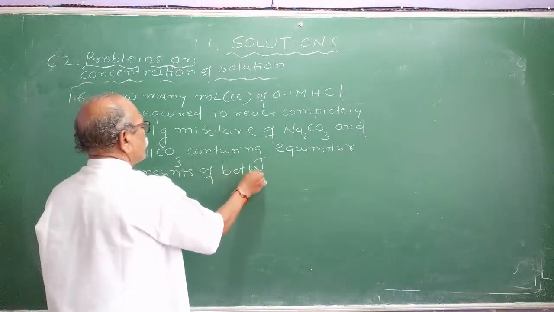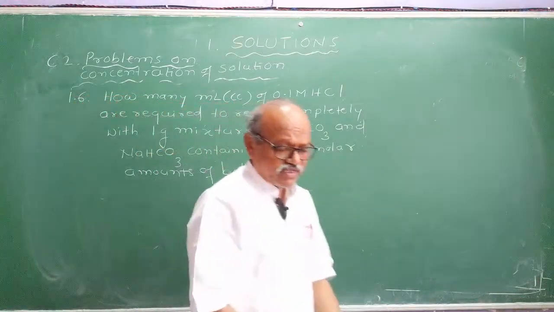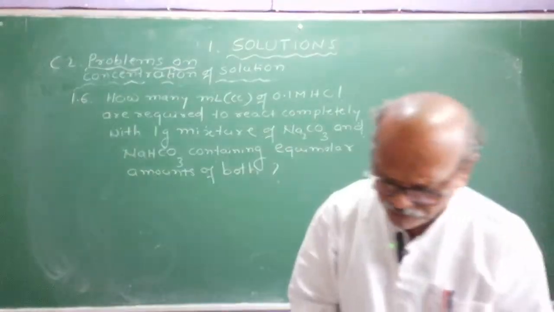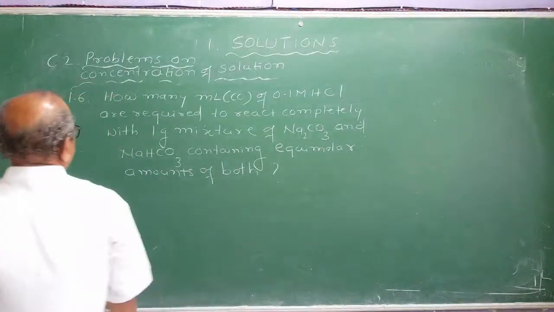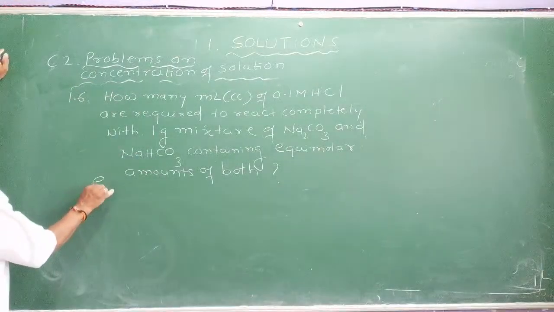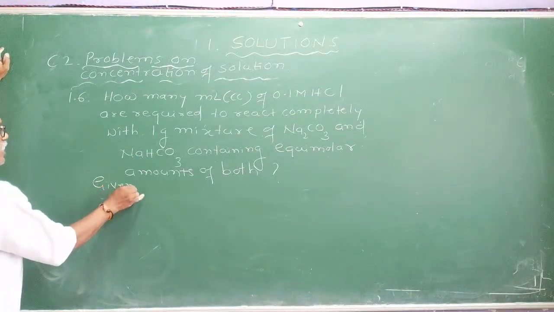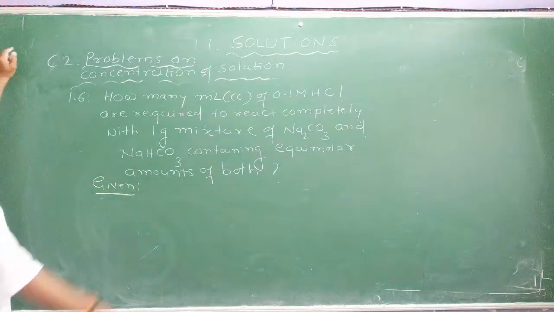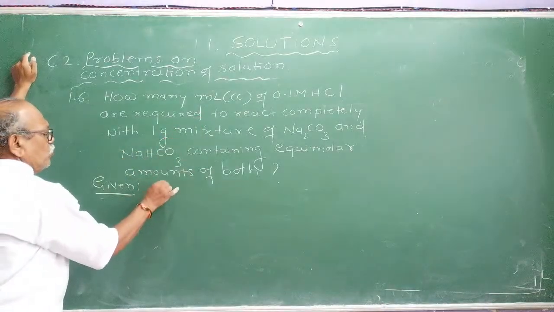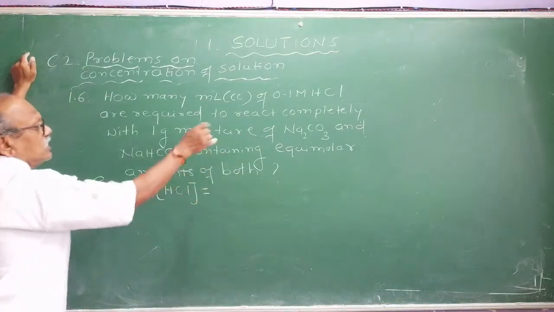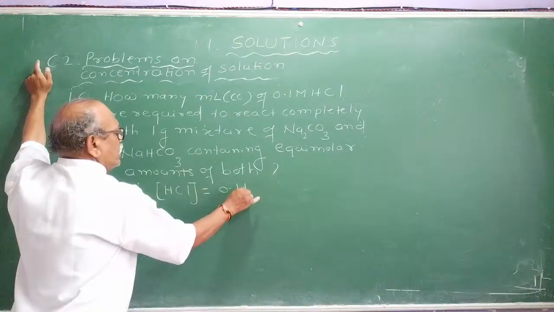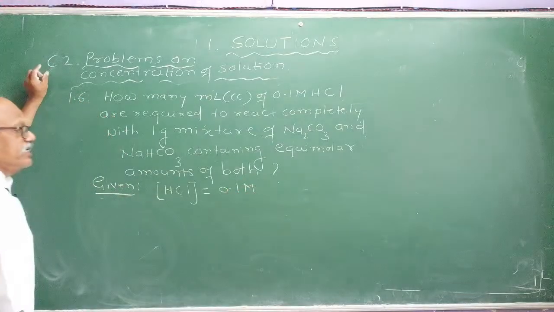So whenever you solve difficult problems in physics, chemistry, or word problems in mathematics, first of all you have to collect the data given. What are you given? The molar concentration of HCl is given, we write it in a square bracket like this, which is 0.1 M. What is the meaning of it?